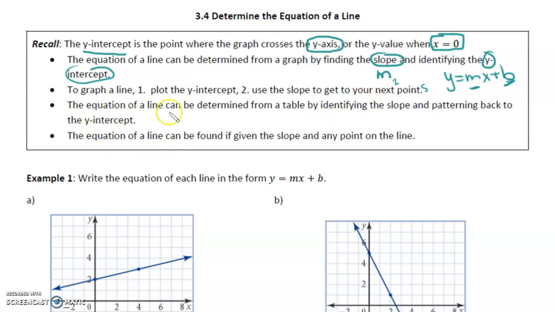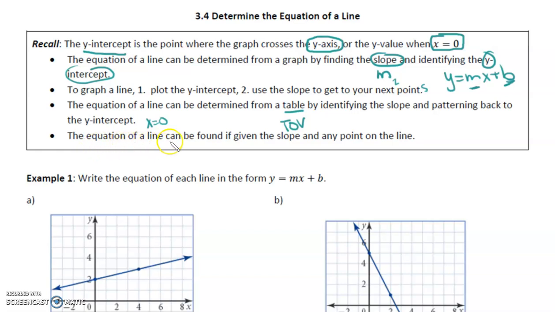The equation of a line can be determined from a table. So we're talking about a table of values, identifying the slope. We're looking at the differences in the y column, and then we can pattern it back to the y-intercept. So again, when x equals 0. We'll do questions like that.